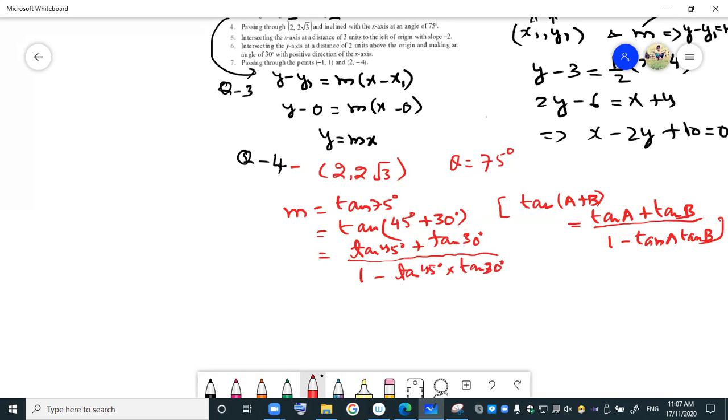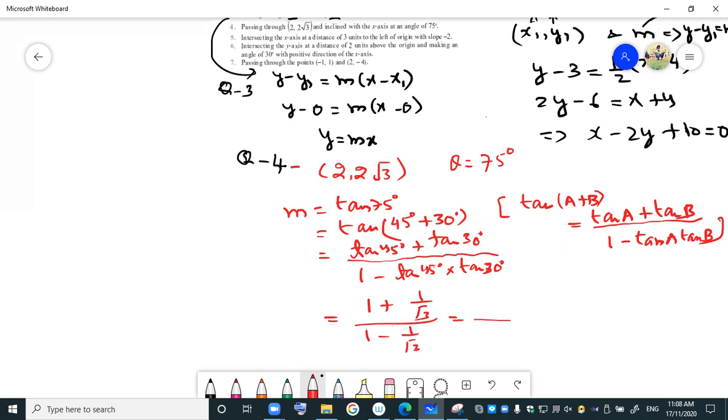Now substituting the values, tan 45 degrees is 1 plus tan 30 degrees is 1 by root 3, divided by 1 minus 1 into 1 by root 3.